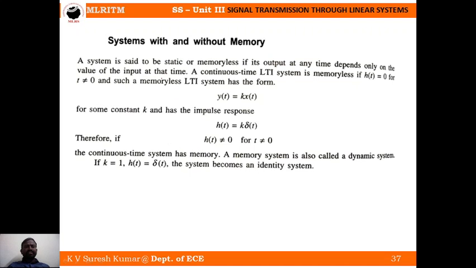So what does that mean? If the output depends only on present inputs, then it is static, or else it will be dynamic. If it depends on past or future inputs, then it is called a dynamic system.